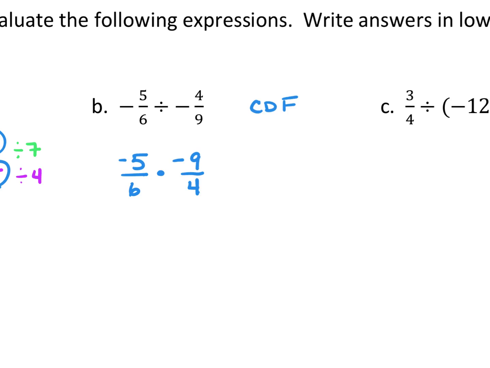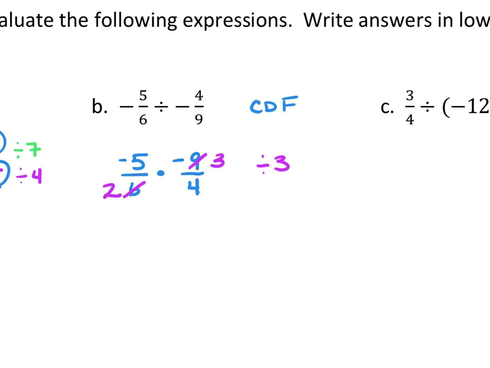All right, so now let's see here. Can we cancel anything? And we can. We can divide 6 and 9 by 3. 6 divided by 3 is 2, and 9 divided by 3 is 3. And that's it. 5 and 4 don't have any common factors, and nothing else in terms of top and bottom has common factors.